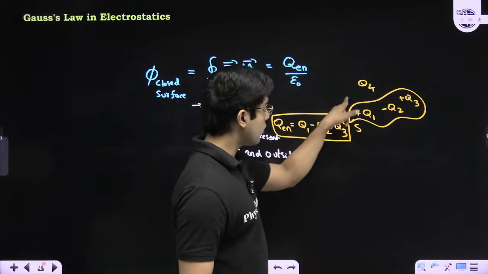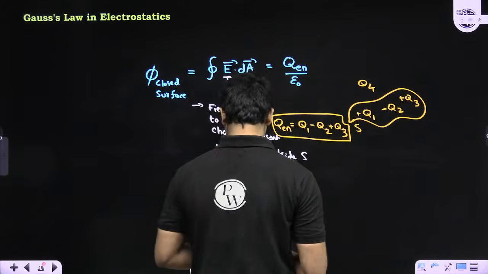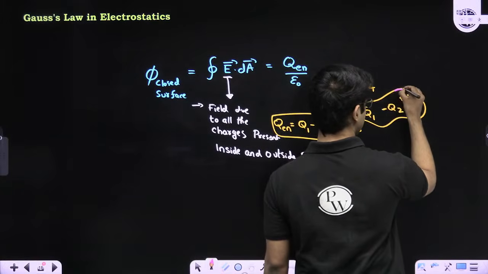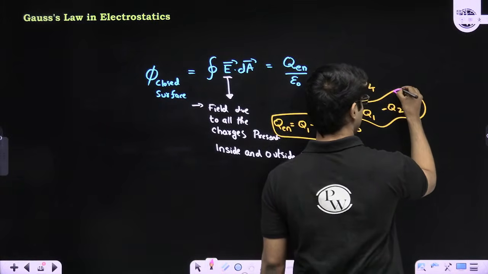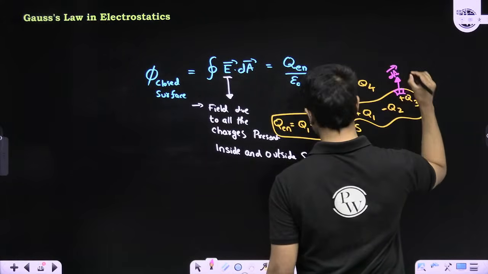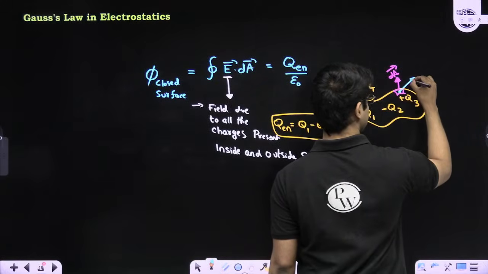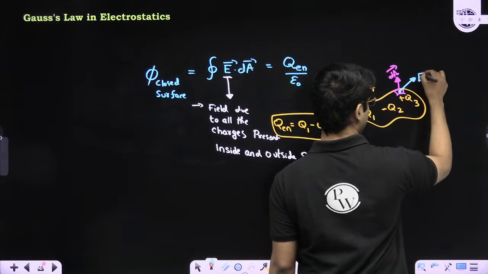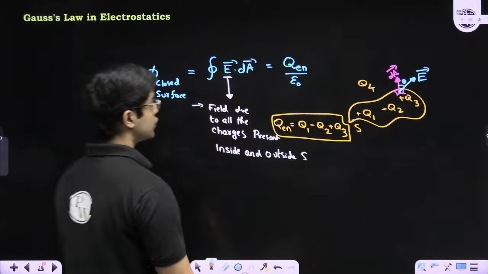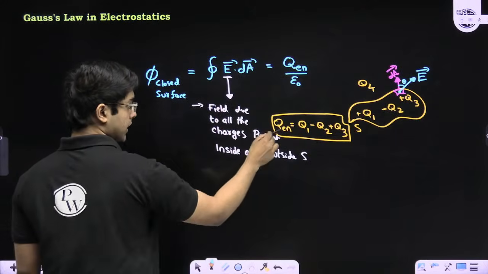So if you're applying Gauss law on this surface S, and let's say you're choosing a patch on the surface, and here the area vector is like this, dA vector, and the electric field vector is like this, in some random direction, we don't know how. Then this electric field which you will use to calculate the flux will be due to all the charges inside and outside.